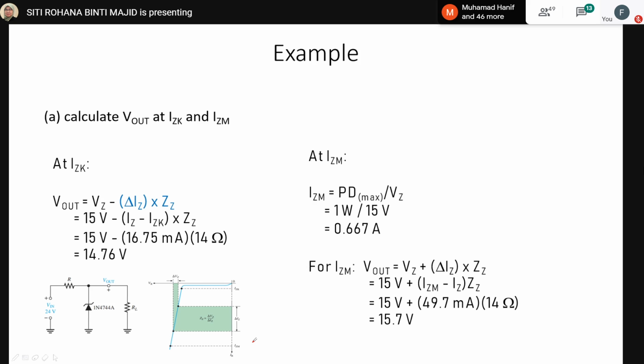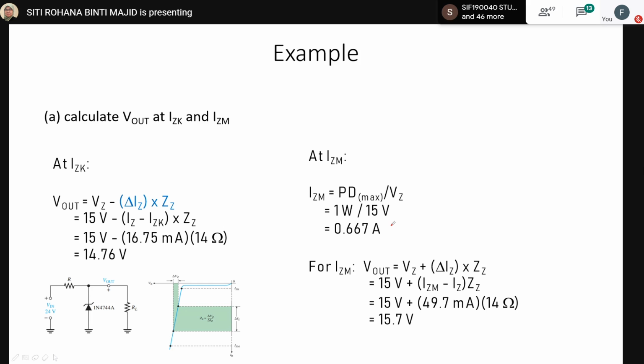So PD max is given as 1 watt, and using Ohm's law, a very simple equation, we can have 0.667 for IZM. Very simple, right? So now we already know the IZM value, because the IZM value is not given in the text.